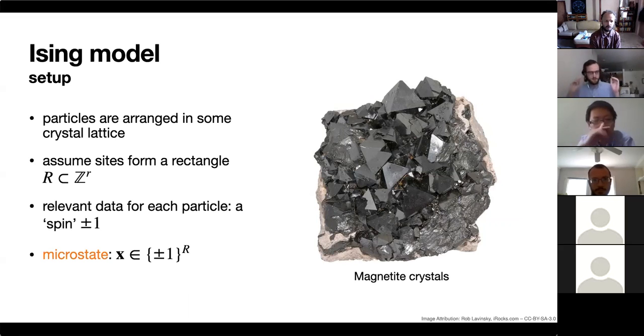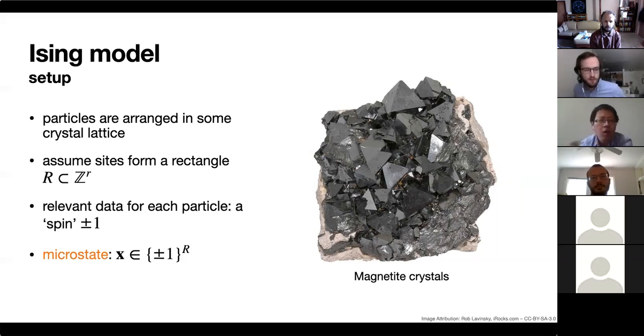So first, I'll just say a little bit about what we imagine the magnet to consist of. We have some particles which are arranged in a crystal lattice, and for simplicity, we'll assume that the lattice is actually a rectangular subset of the integer lattice Z^d.